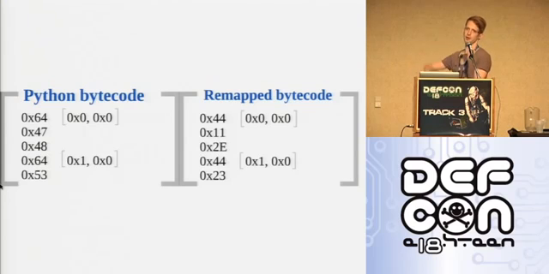We do this for enough Python source code, and then we'll hit all the bytecode instructions, and then we've got the new mapping, and we can rewrite the opcode.py, and then we're good.